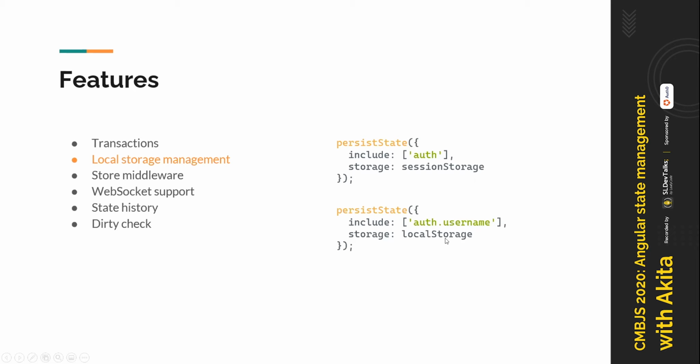So this will make sure our application's local storage will have our auth.username property the next time you come into the application. So like I said earlier, to do some of these things, other libraries might need to add separate plugins or things like that. But luckily, Akita has all this inbuilt.